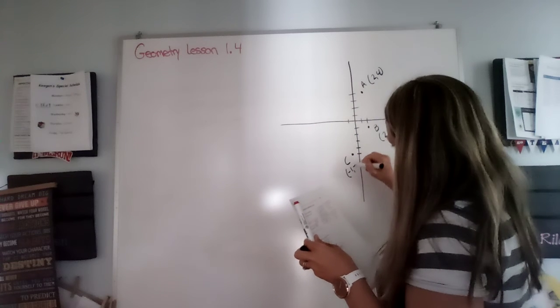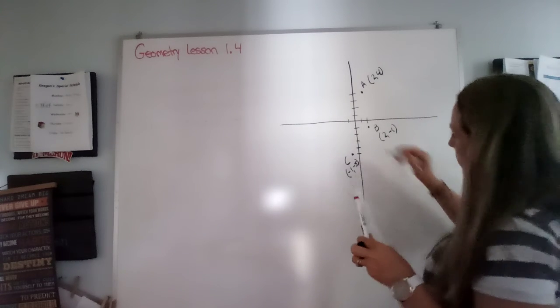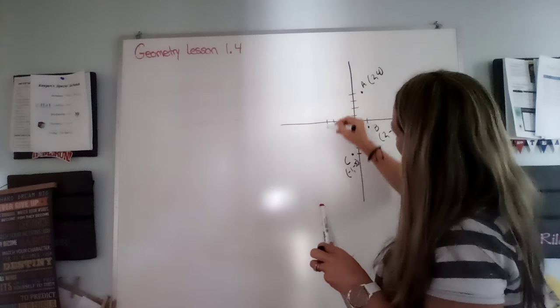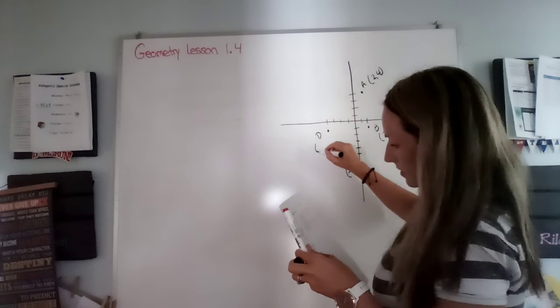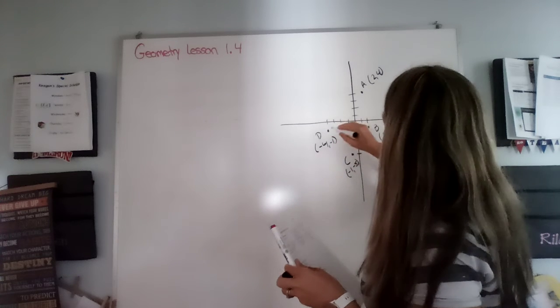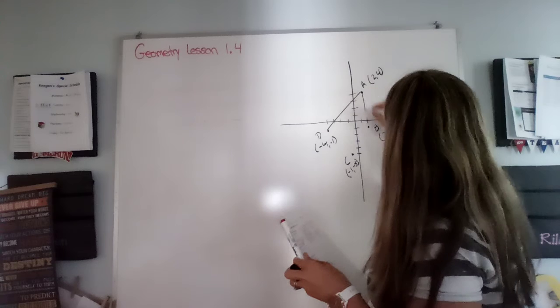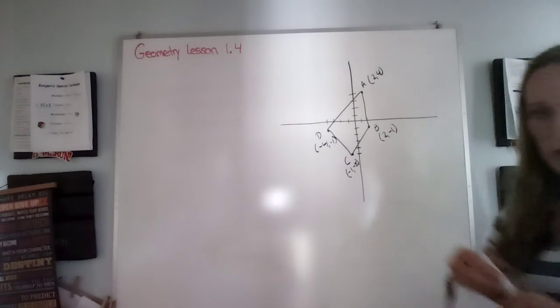And point D is at negative 4, negative 1. Okay, so here's your four-sided figure, your quadrilateral.